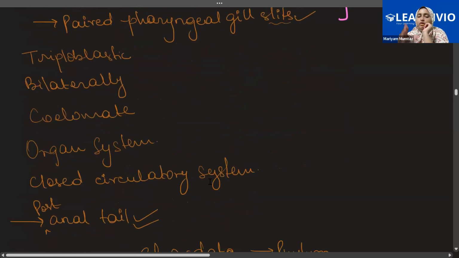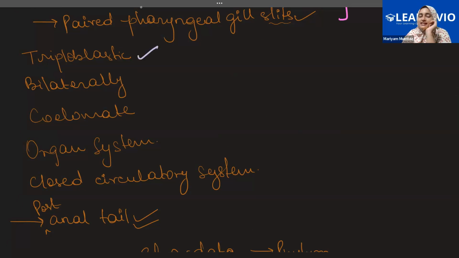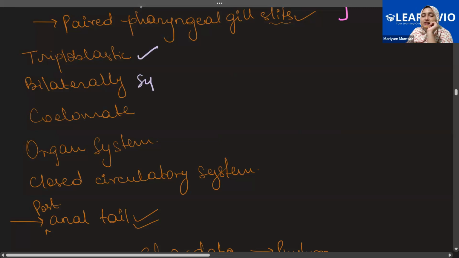So we have to consider all of these characters. All the advanced characters will be found here. They will be triploblastic and bilaterally symmetrical. They will be coelomate, with a proper coelom.